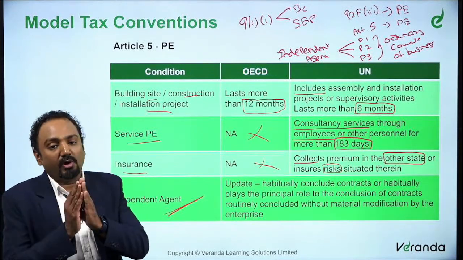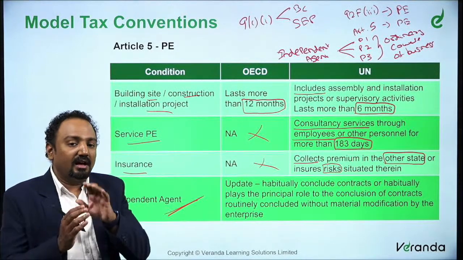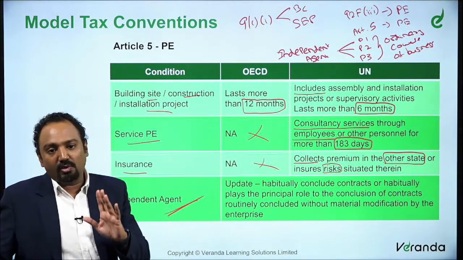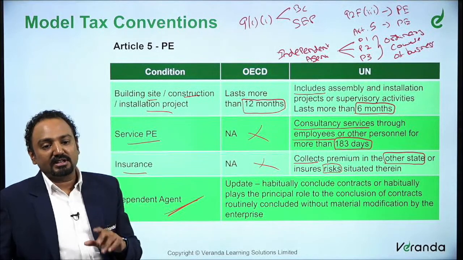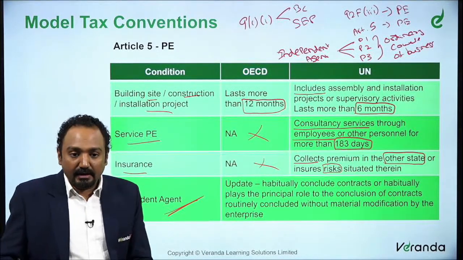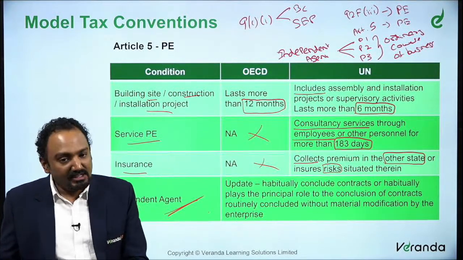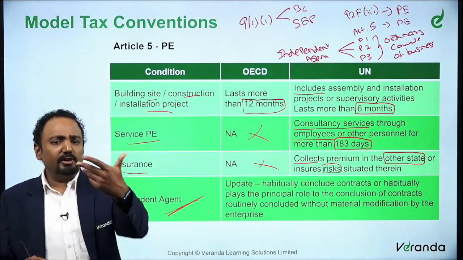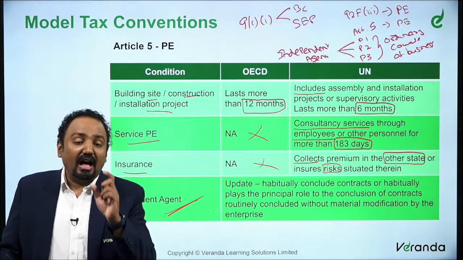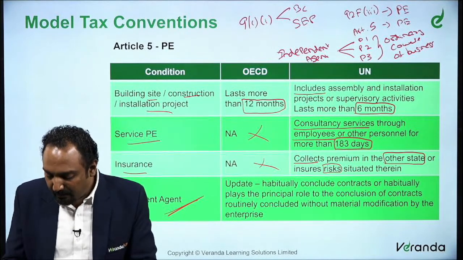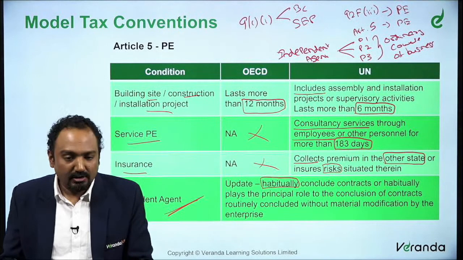This is as per Section 9 what it provides for the purpose of business connection. But here the dependent agent is discussed in both OECD and United Nations. It basically says, similar to what business connection says, the word habitually is there in the Income Tax Act also.